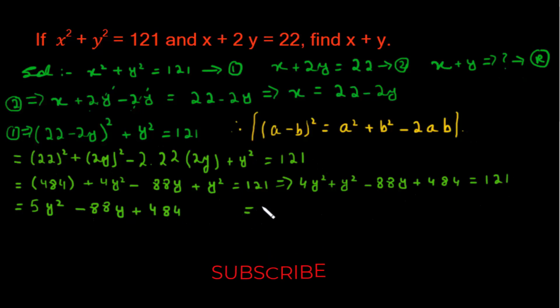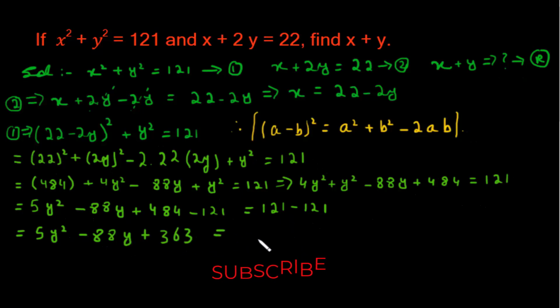And now as I have to make this side 0, I will subtract 121 from both sides, and this will become 5y squared minus 88y plus 363 is equal to 0.